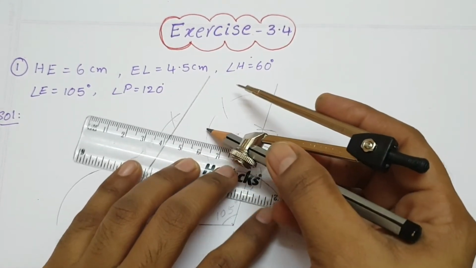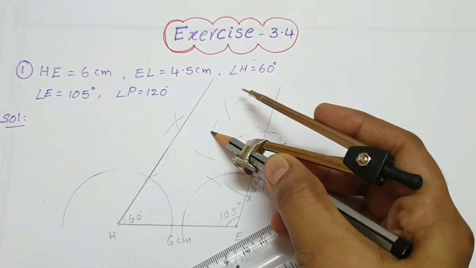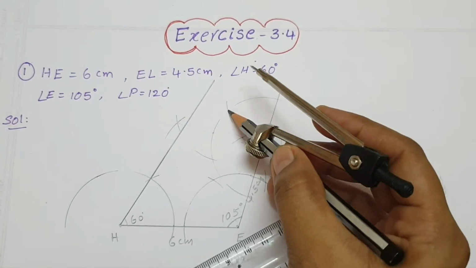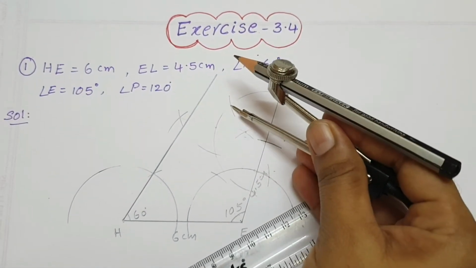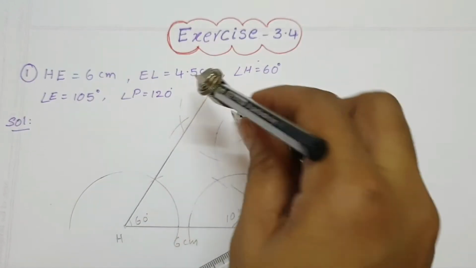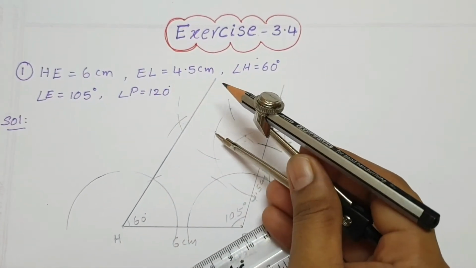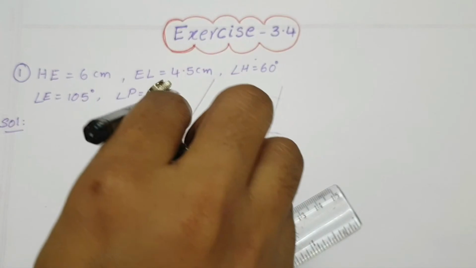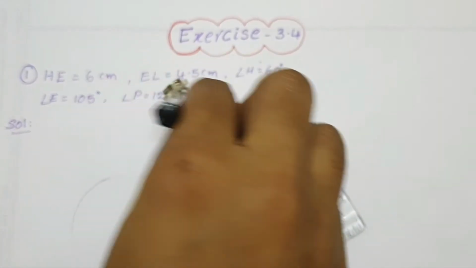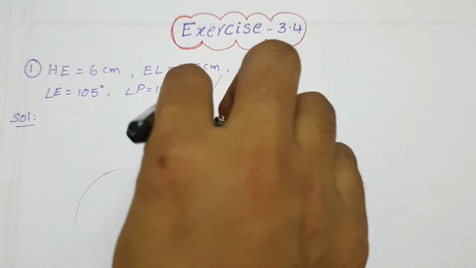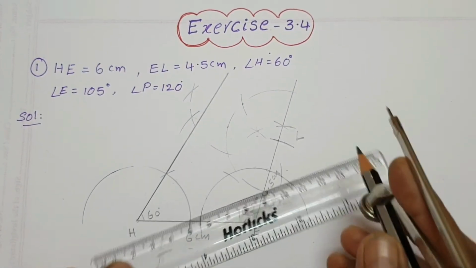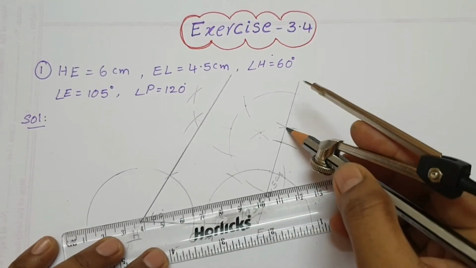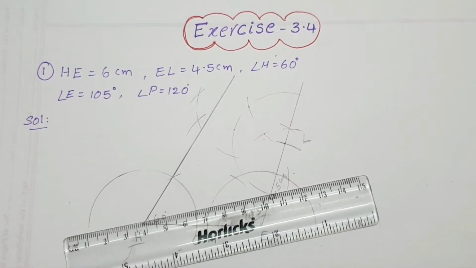Just we want half of the circle measure. This is 90 degrees. This is 60 degrees. From 60 to one arc, 90 to another arc. Now this is 75 degrees.